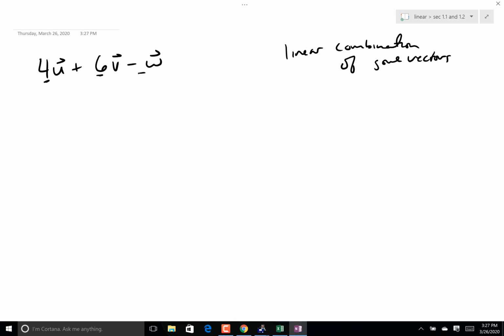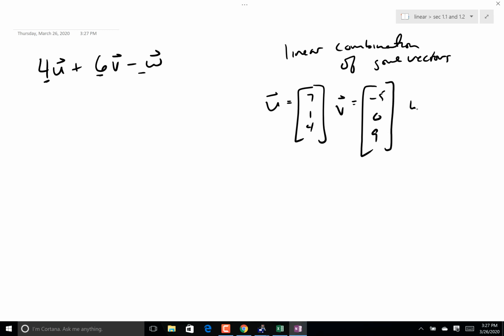So if you had a u vector that was, I'm going to write this way just for fun, 7, 1, 4. And v is -5, 0, 9. And w is 22, -17, -68.